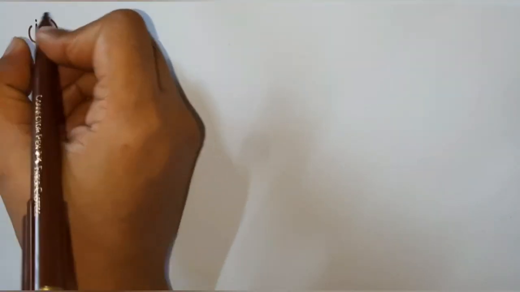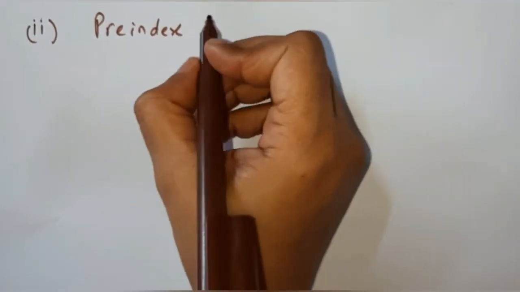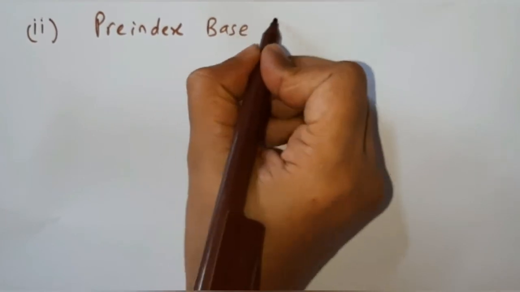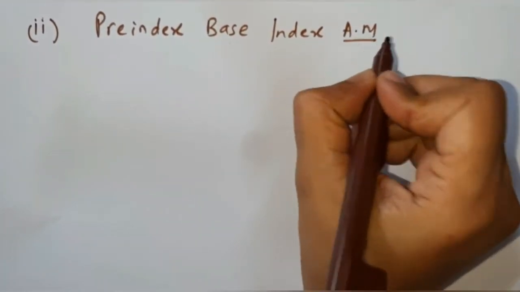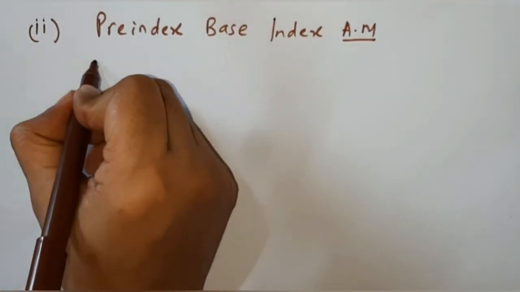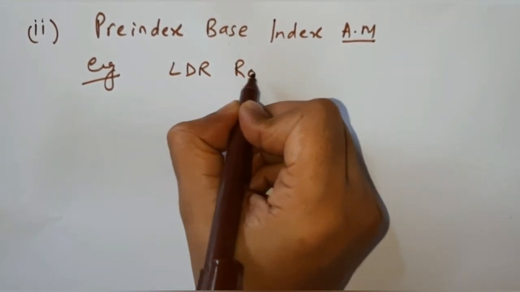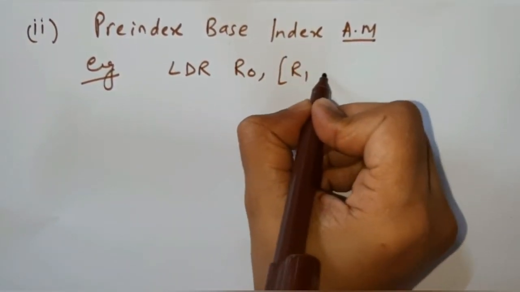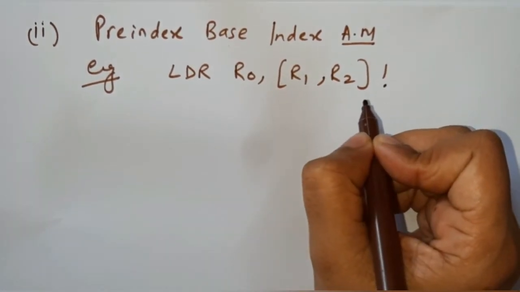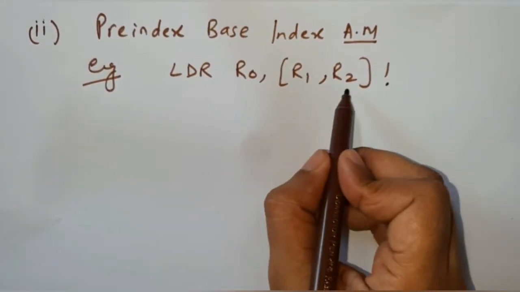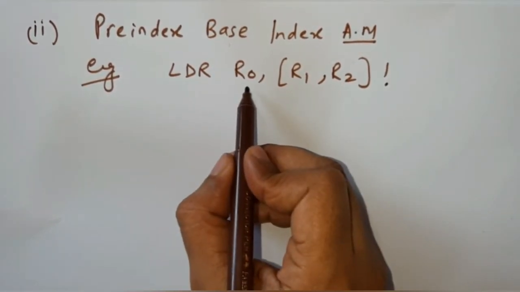Second part of base indexed is pre-indexing. Likewise in register relative mode, R1 is added to R2 and the content of the new location will be moved to the register R0.